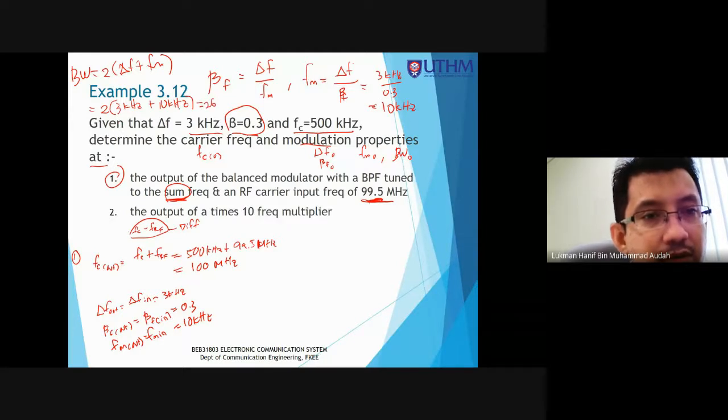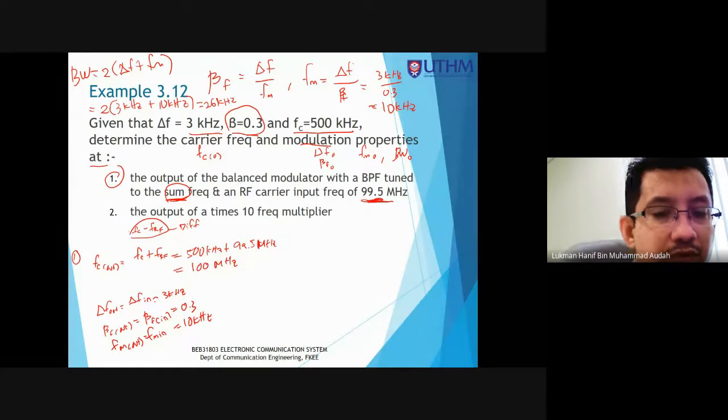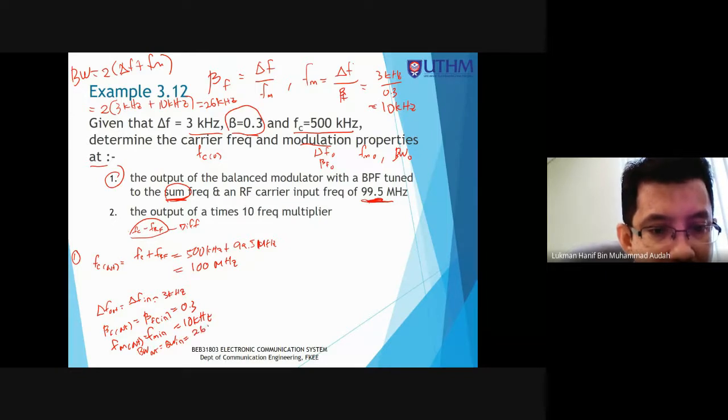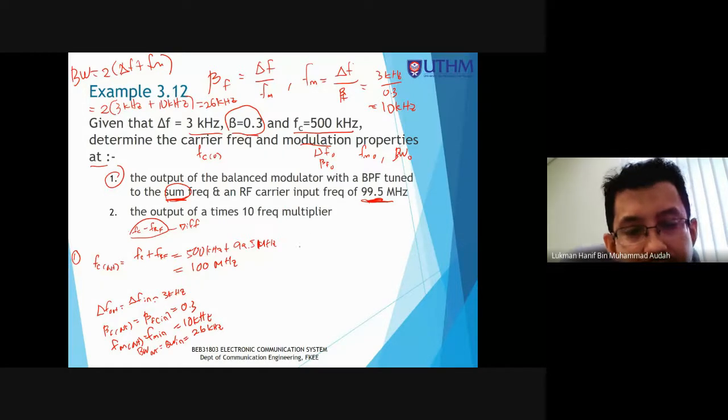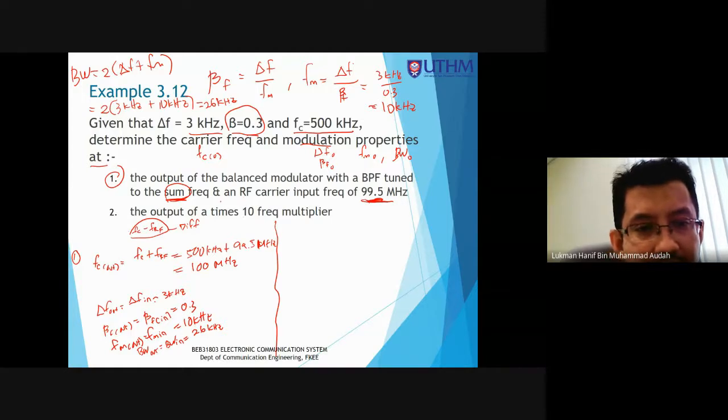Okay, 13 times 2, 26 kilohertz. So that means bandwidth out is equal to bandwidth in, equal to 26 kilohertz. Nampak eh?